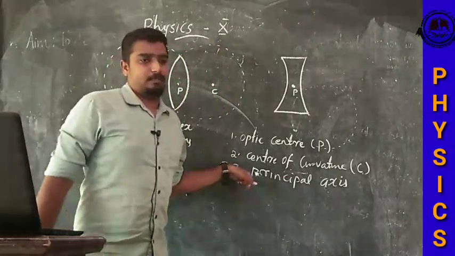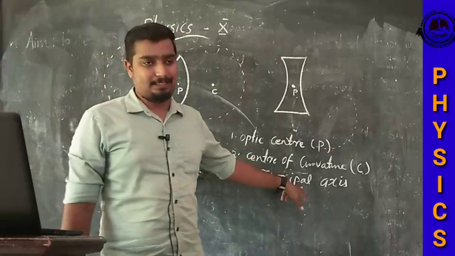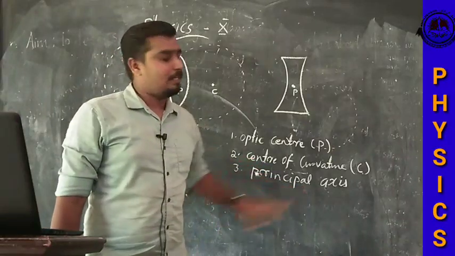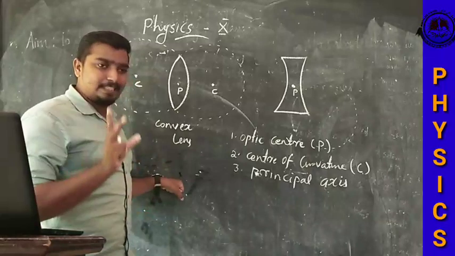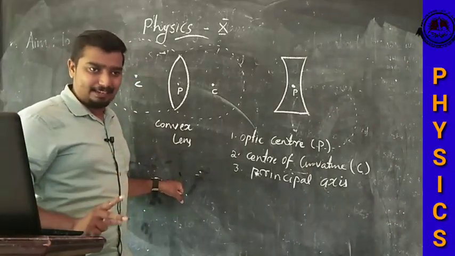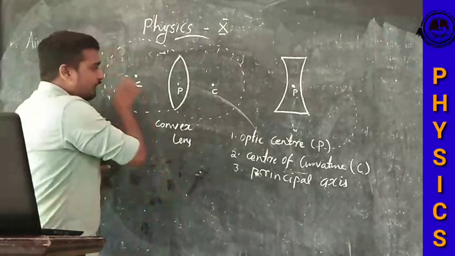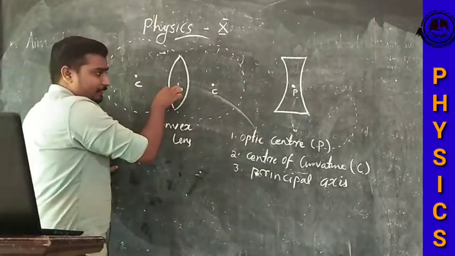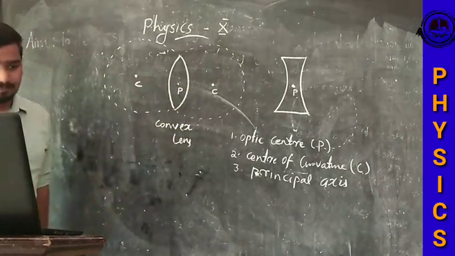And the third term related to lens is principal axis. A principal axis is an imaginary straight line passing through the optic center, joining the two centers of curvature.